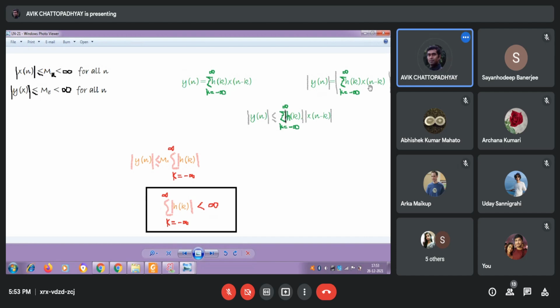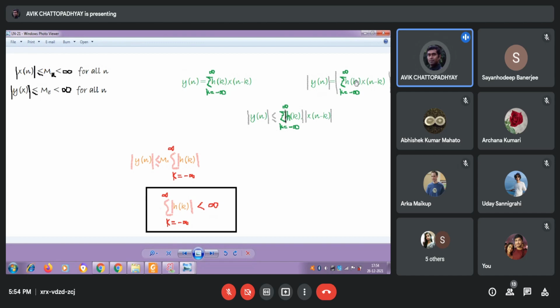From your mathematics, you know that the absolute value of a sum of terms is always less than or equal to the sum of the absolute values of the individual terms. So this can be written like this. Got the point?